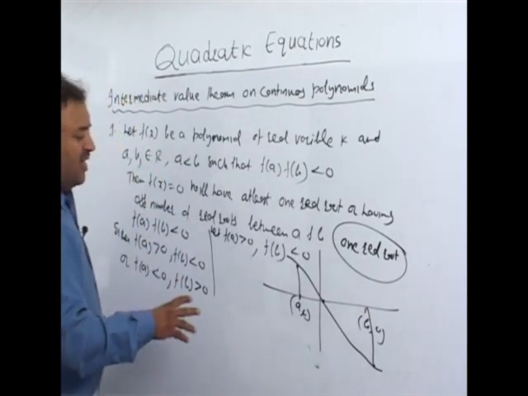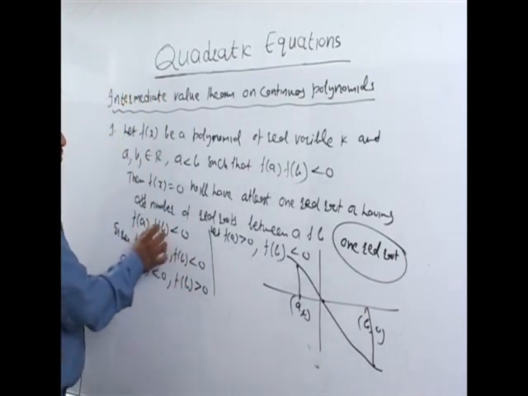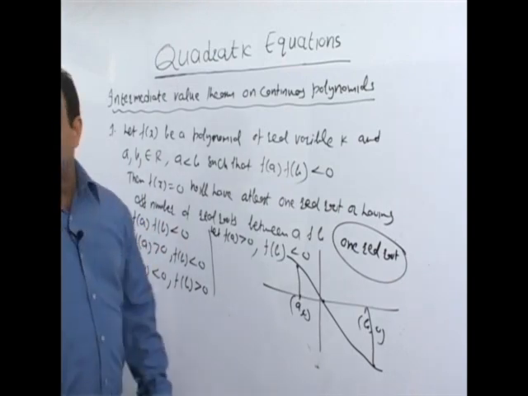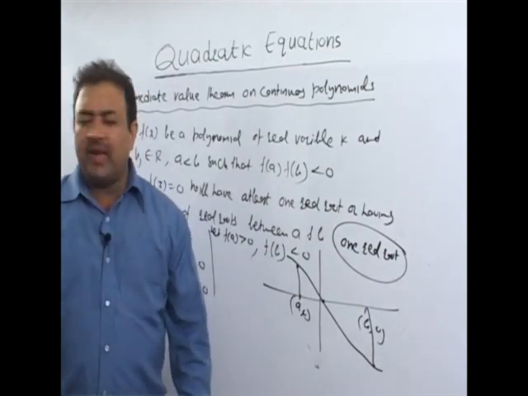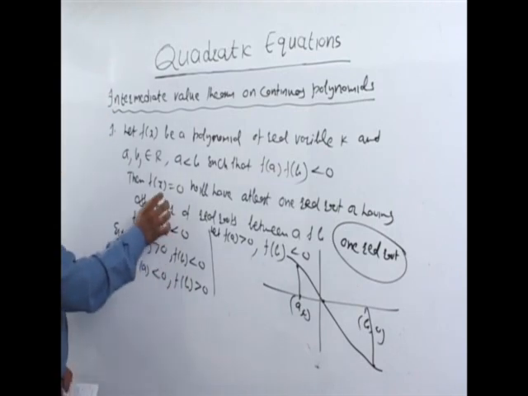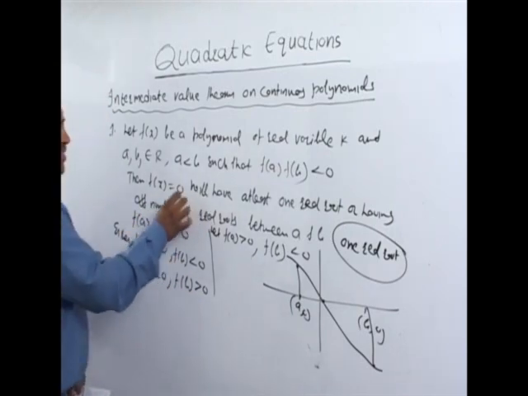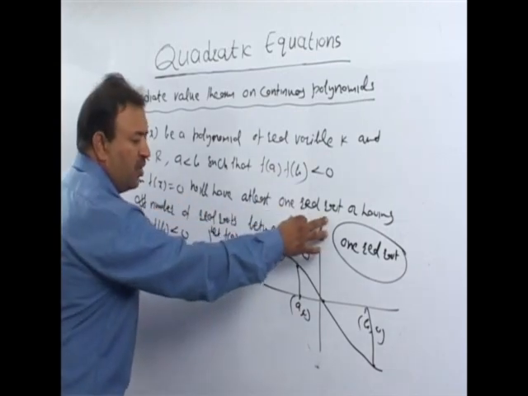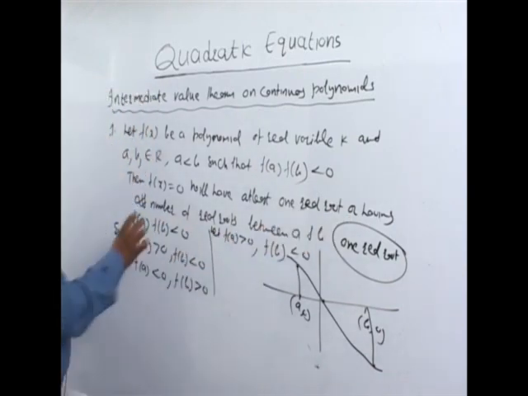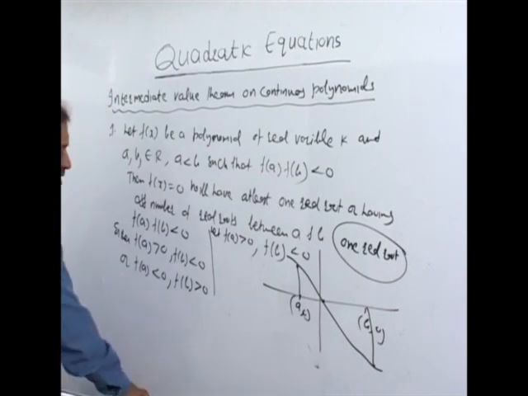This possibility exists only if the product of the two quantities is less than 0. Now, to explain the other point I have written over here, this equation will have at least one real root, or an odd number of real roots is possible. I am drawing another graph.